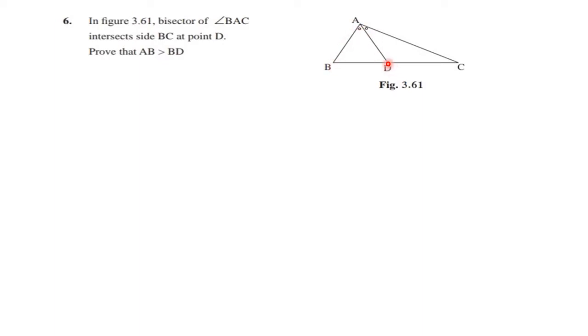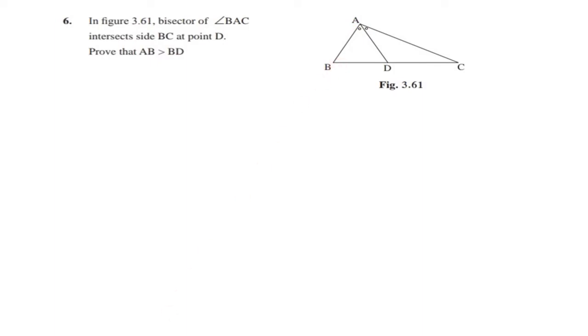Then we can say that ADB is an exterior angle. An exterior angle is always greater than the two remote interior angles. So in this case, we would take angle DAC as a remote interior, and we'll try to prove that angle ADB is greater than BAD.